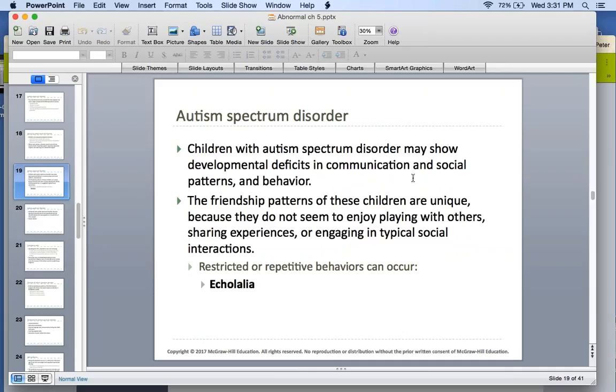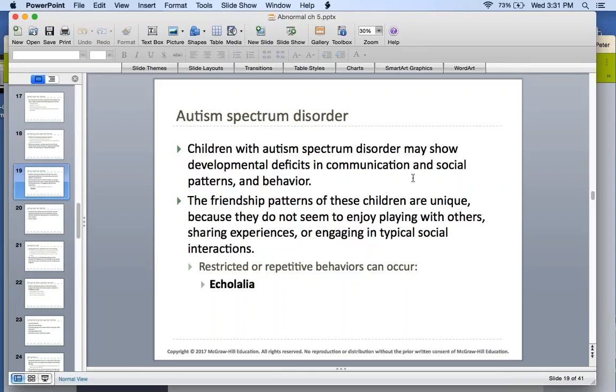Children with autism spectrum disorder may show developmental deficits in communication and social patterns and behavior. The friendship patterns of these children are unique because they don't seem to enjoy playing with others. They don't seem to enjoy sharing experiences more than the average person, and they don't engage in typical social interactions.